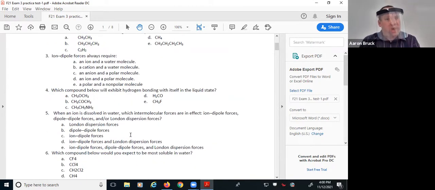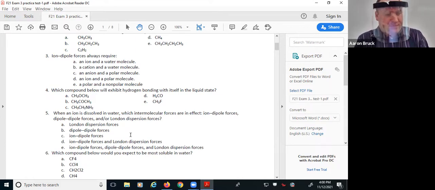Okay, which compound below will exhibit hydrogen bonding with itself in the liquid state? Okay, so the key to this one is understanding that since we're dealing with organic molecules, hydrocarbons, carbon is going to be the source of the majority of those bonds.